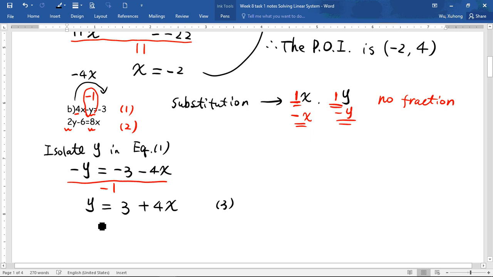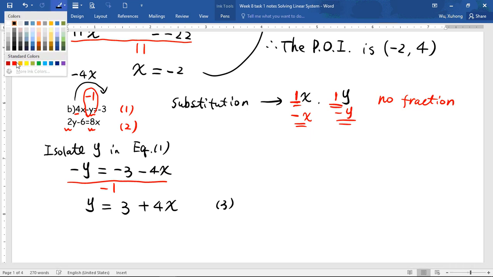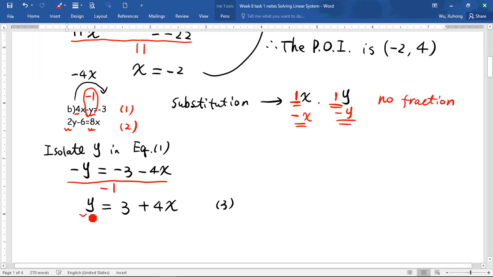And in this equation you will see, okay, y is isolated by itself. So you have x equals or y equals. These two we call isolated. Just one of it is okay. Then after we have y isolated, we are going to sub equation 3, similar with last question, into equation 2.